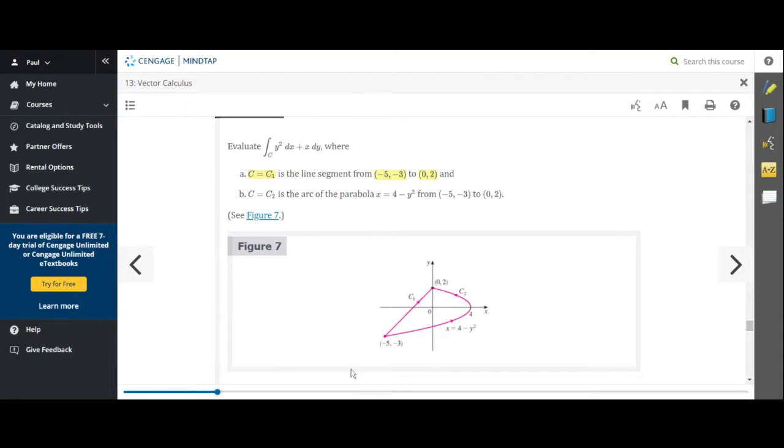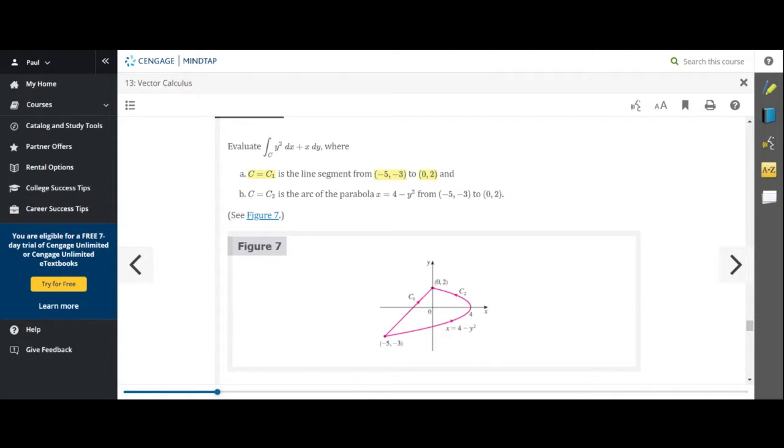Notice that in figure 7 here below, you have a path C1 that goes from the point -5, -3 to 0, 2. And you have a path C2 that goes from -5, -3 to 0, 2, but it goes along a parabolic path. So the starting and ending points of paths C1 and C2 are the same.